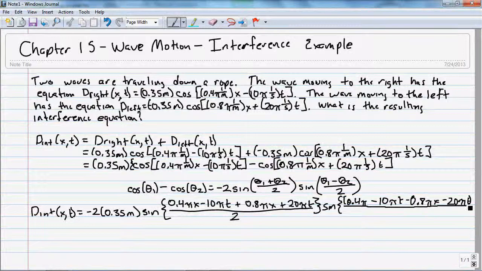Divide this all by 2 and have a bracket at the end.